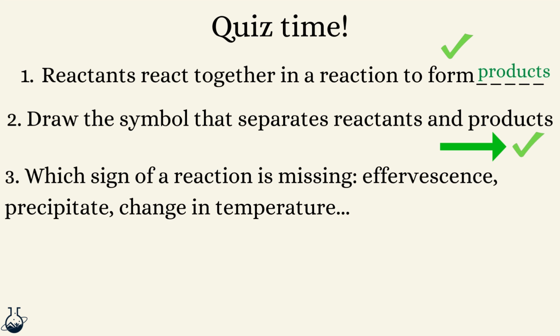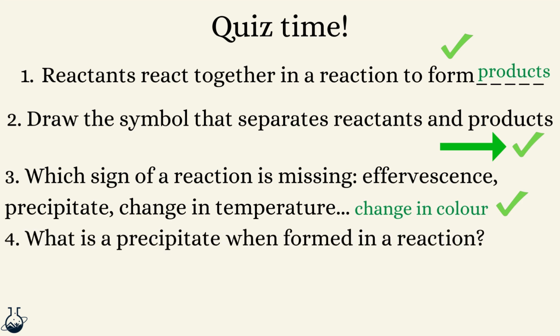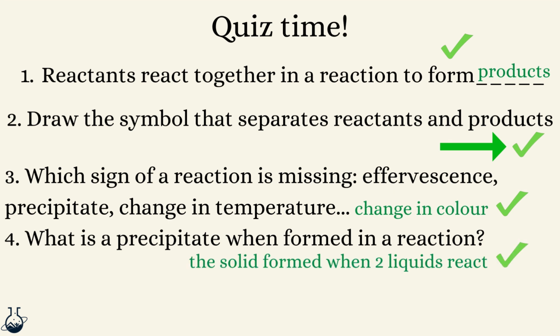Which sign of a reaction is missing? Effervescence, precipitate, change in temperature, and change in colour. Question 4. What is a precipitate when formed in a reaction? It's the solid that might be formed when two liquids react.